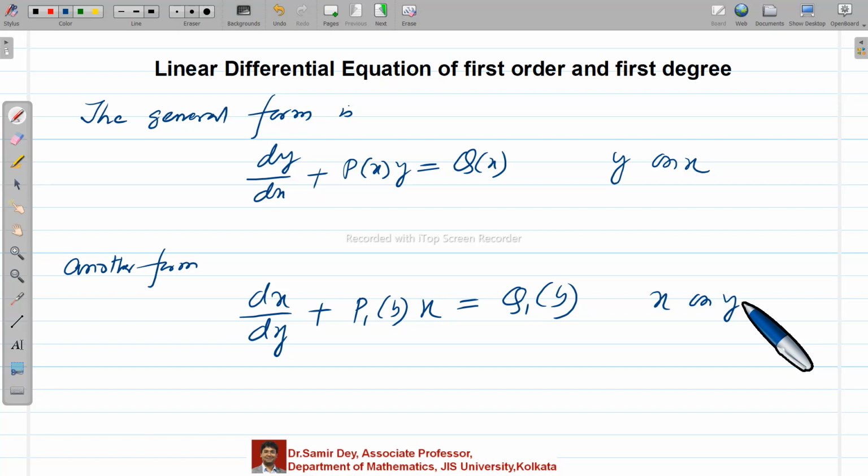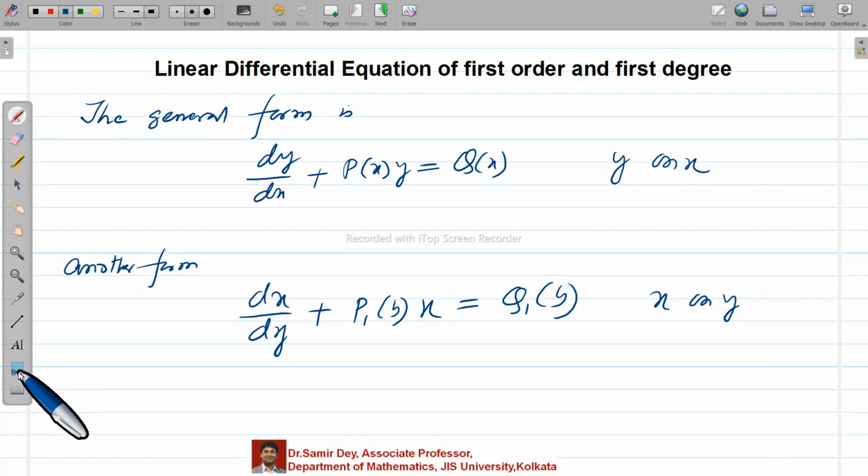Any first order first degree differential equation that can be expressed in this form is called a linear differential equation of first order first degree of y with respect to x. And if it can be expressed like this, then it is called a linear differential equation of first order first degree of x with respect to y.